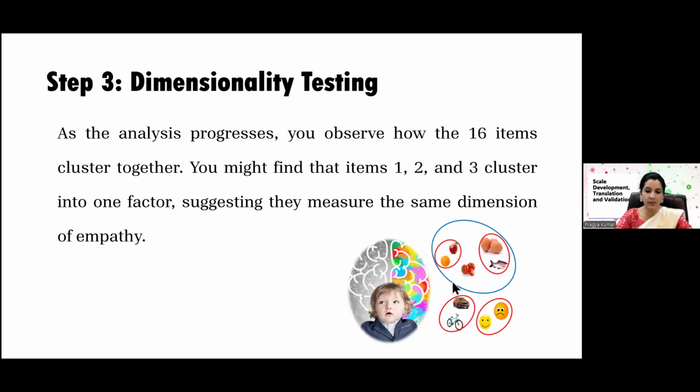The way the child's brain has put these modes of transport and these emojis or facial expressions together, similarly it makes the 3 clusters into one factor each, suggesting 3 dimensions. So it makes clusters of items, suggesting the underlying dimensionality. That is known as dimensionality testing.